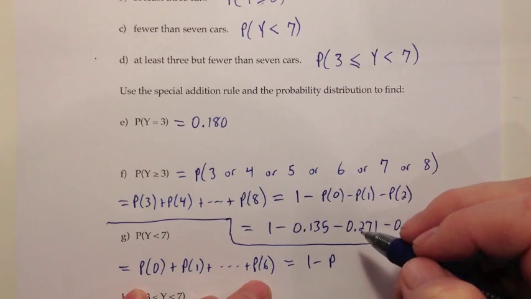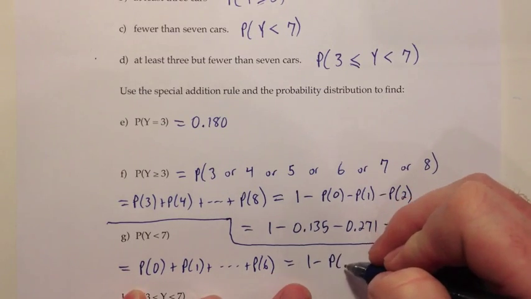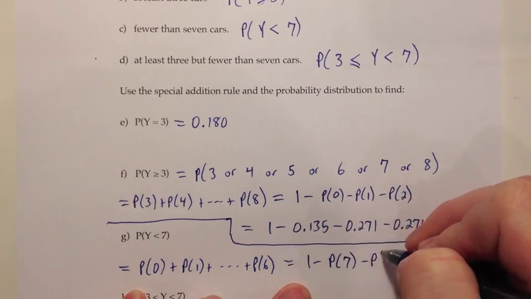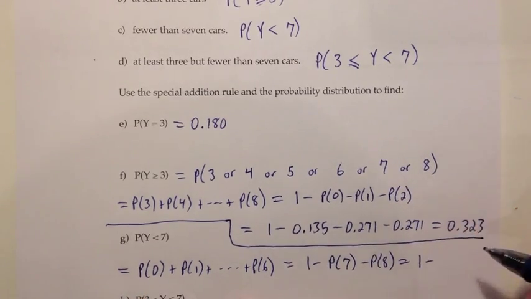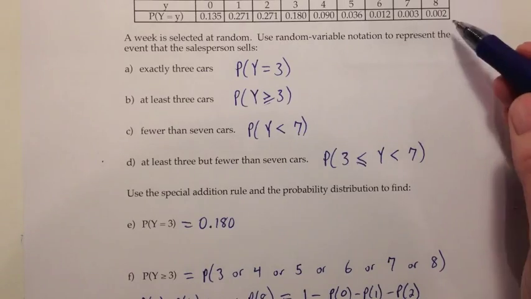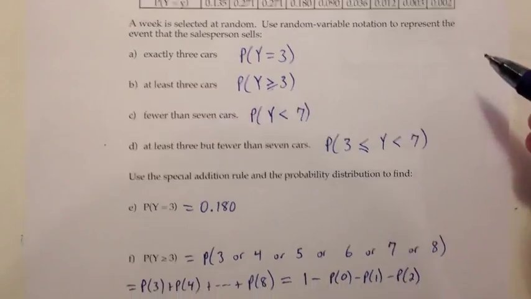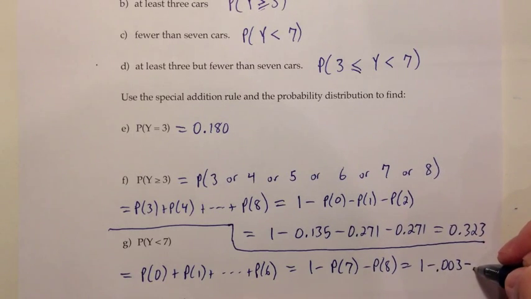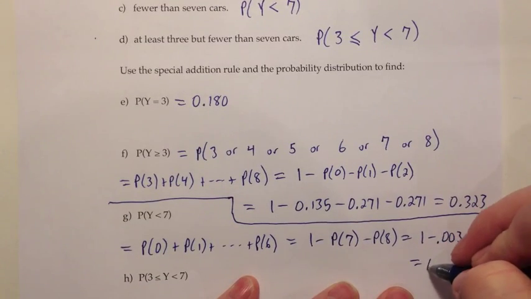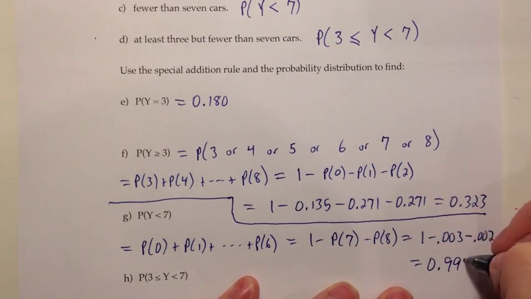And if I want 0 through 6, then I don't want 7 or 8. And I can get those from the chart. The probability of 7 is 0.003, the probability of 8 is 0.002. If I add those up, that's 0.005, subtracting from 1, I would get 0.995.